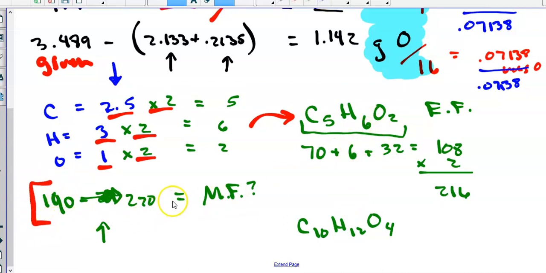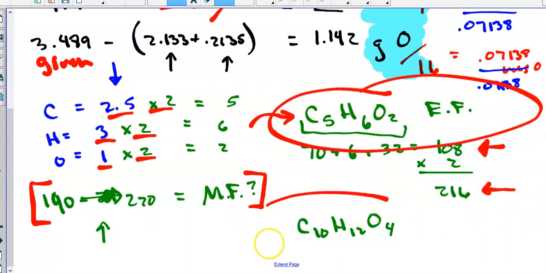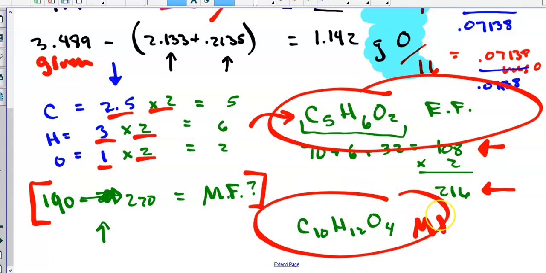Finally, the problem said the molecular mass was between 190 and 220, so we had to manipulate the mass of our empirical formula to be within that range, and to do it, we had to multiply everything by 2. So our two answers are the empirical formula and the molecular formula.